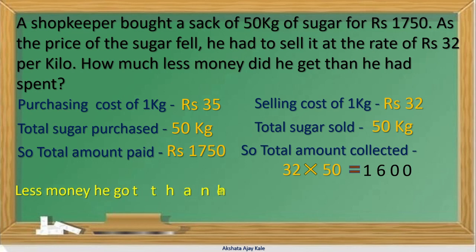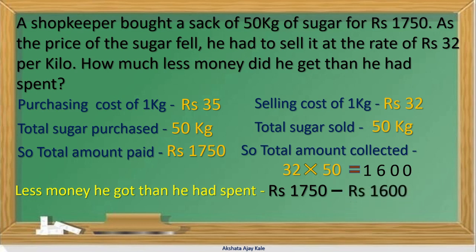How much loss he suffered? We'll see. Less money he got than he had spent. He spent rupees 1750 and he collected 1600. So we are going to minus the collected amount from the spent amount. That is, the answer is rupees 150.